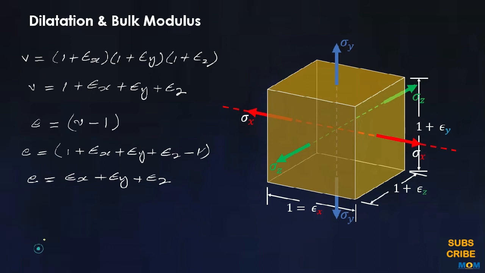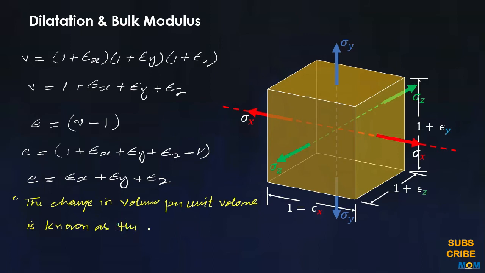Now here the change in volume per unit volume is known as the dilatation of the material.